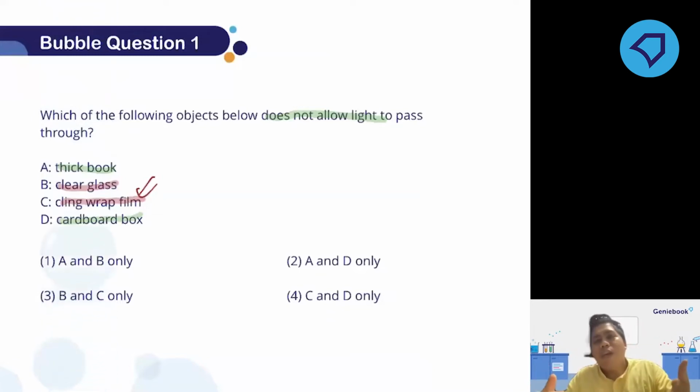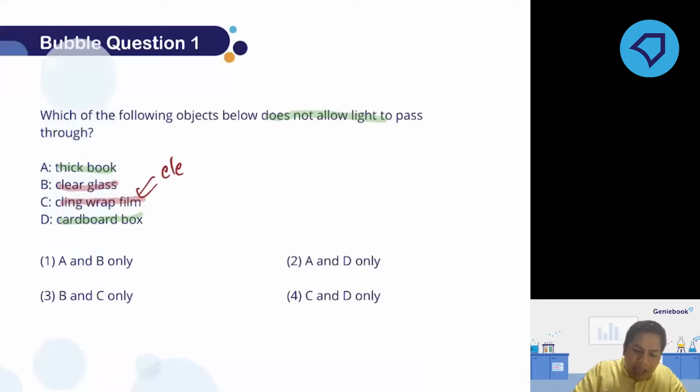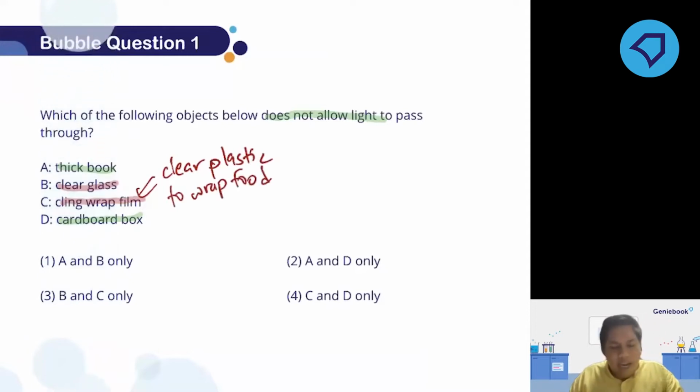If you want to keep this food to eat later on, you put it inside the refrigerator, so you wrap it. So it's a piece of clear plastic. Sorry, let me rewrite my C properly. So clear plastic to wrap food. That's a cling wrap film, for those who are not familiar with it. Yes, to prevent the contamination of the food items, correct?